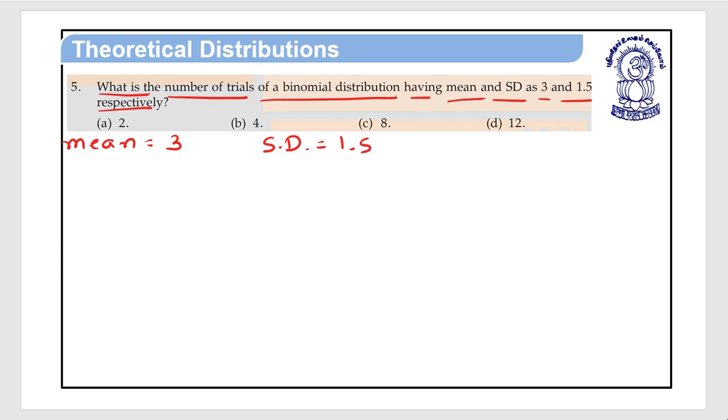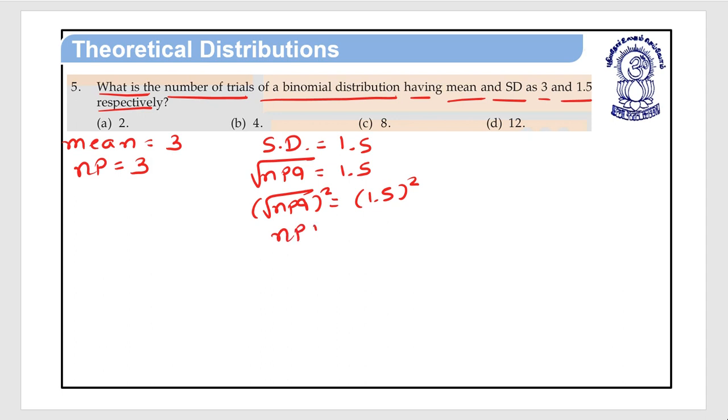Mean means np is equal to 3. SD means under root npq is equal to 1.5. Take both sides square, npq is equal to 1.5 square.